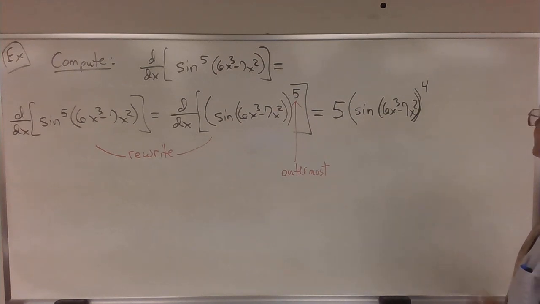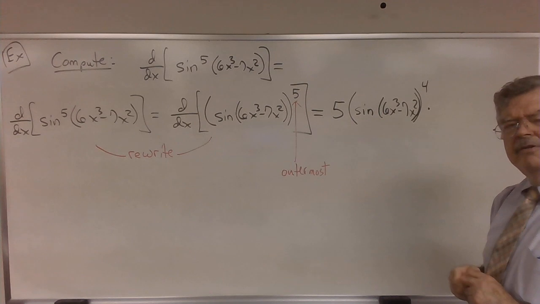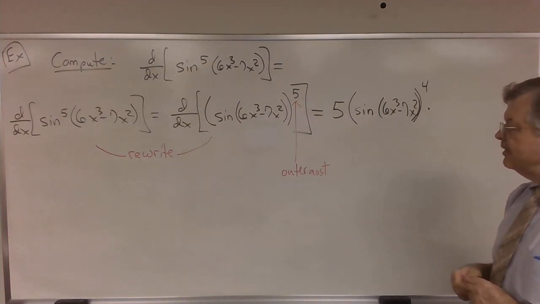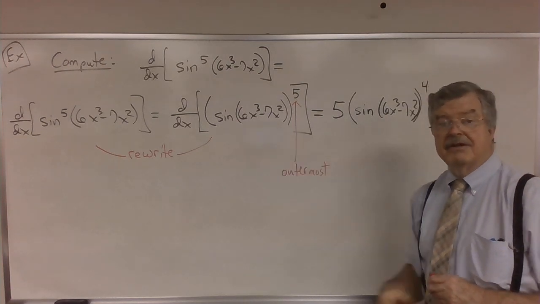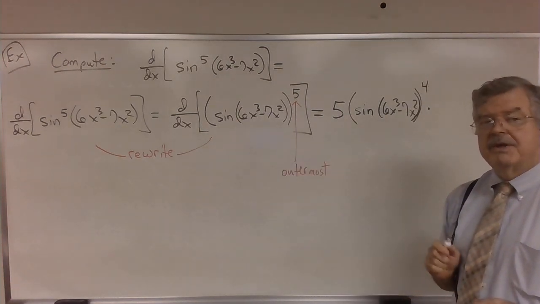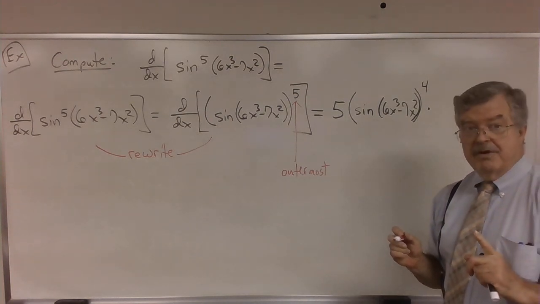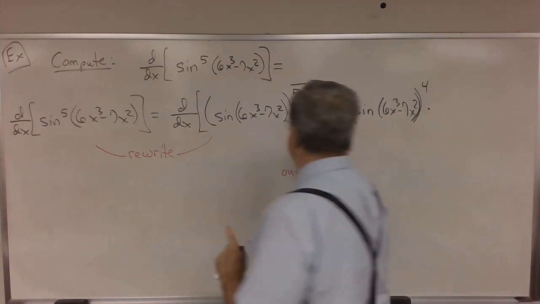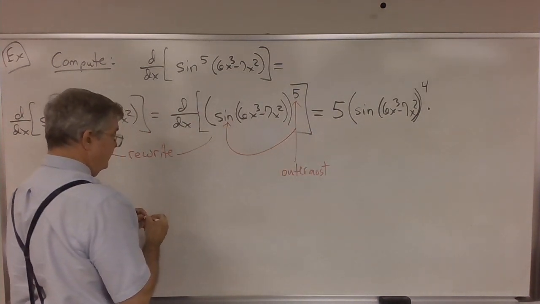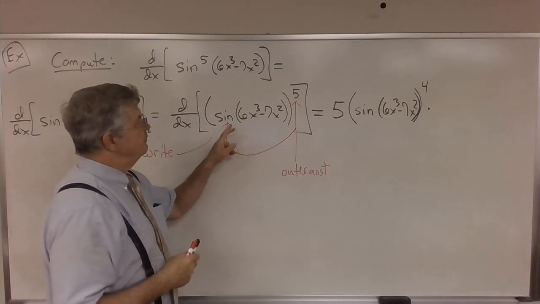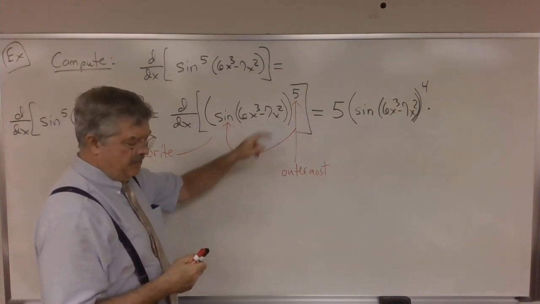Okay, cool. Now do you remember where we go from here? We've computed the derivative of the outermost function, evaluated at everything inside. So what do we do now? We go to the next outermost function, and that's going to be sine. We're computing the derivative of sine evaluated at 6x cubed minus 7x squared.